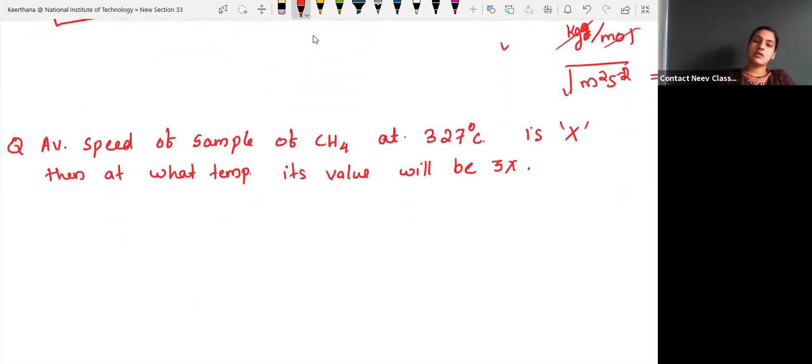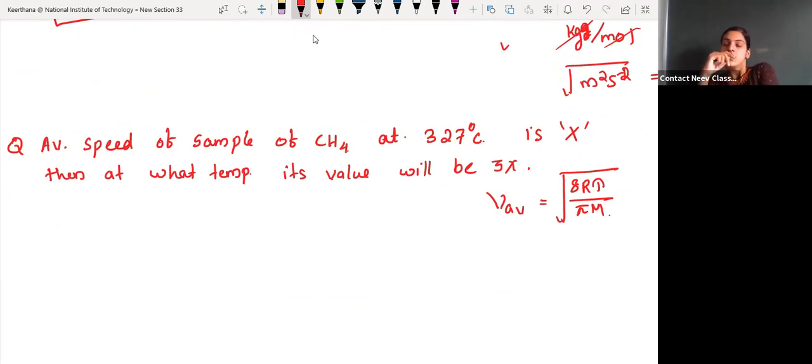Average speed V average is equal to root of 8RT by pi M. R is a constant, pi is a constant, 8 is a constant, M is the molar mass. If it is for a particular gas, M is also a constant. So what will be the temperature? Use the same logic.